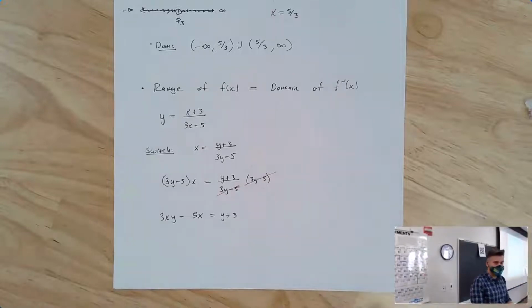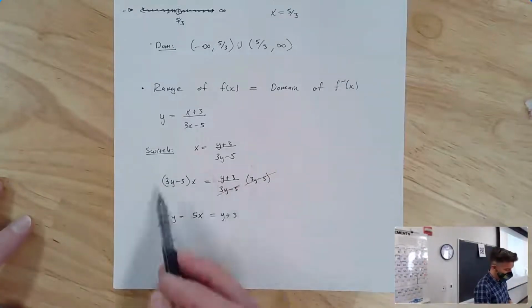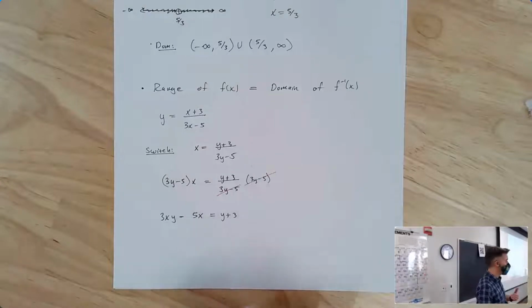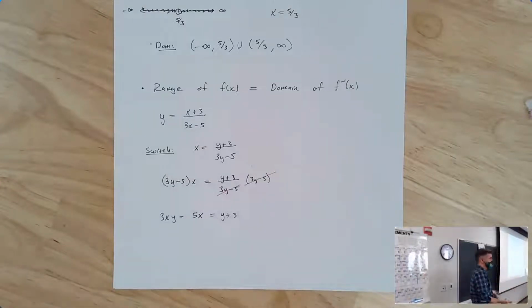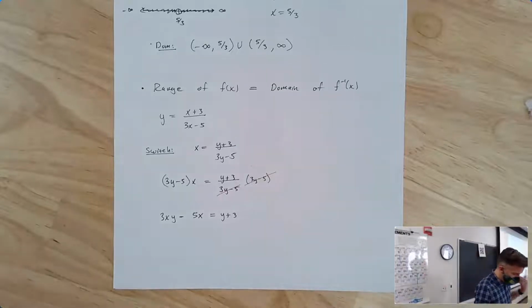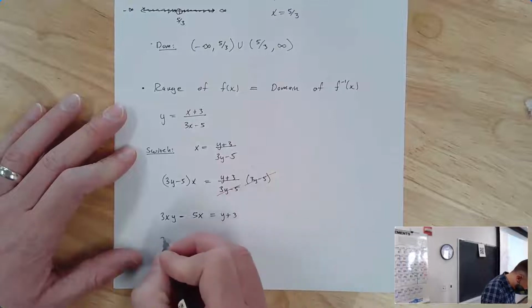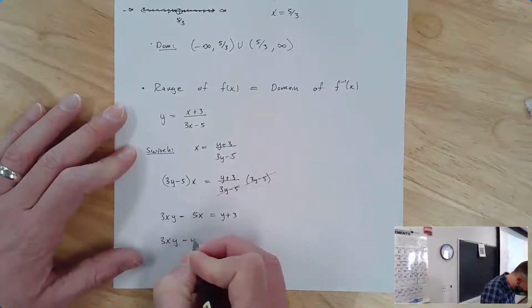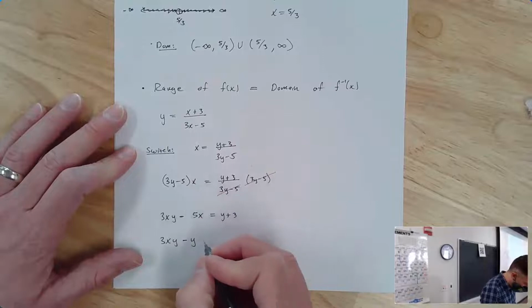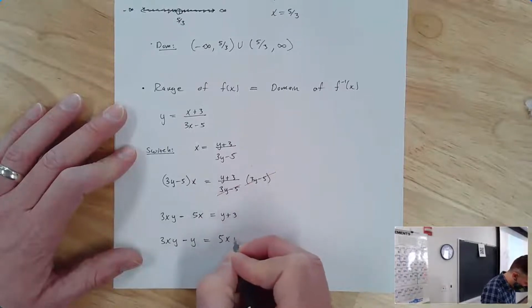This is where people tend to get stuck as well. But we want to isolate all the y's together. So we need to bring all the y's to one side so that we can then factor out the y. It doesn't matter what side, really. I'm going to pick the left. So I'm going to subtract y and get 3xy minus y. I'm going to add 5x to get 5x plus 3.